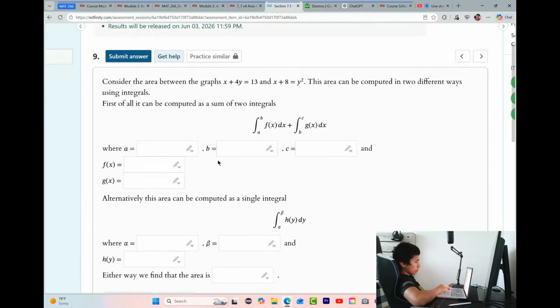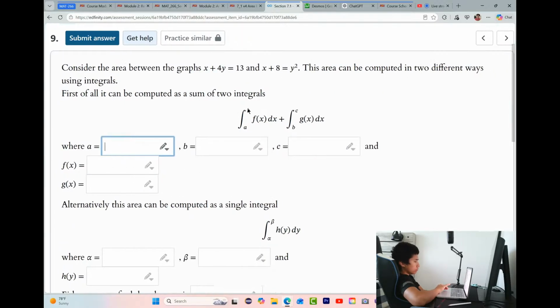Oh, hold on. Wait. No. I think I can do this one. x plus 4y equals 13, and x plus 8 equals y squared. This area can be computed in two different ways using integrals.